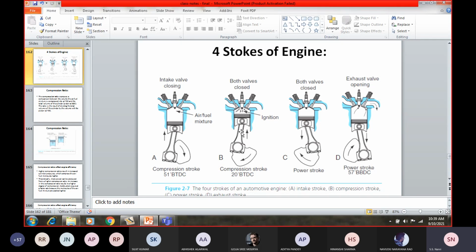So the piston which was going up, because fuel is there, the pressure inside is very high. So certain molecules, not all molecules, certain molecules, will be ignited even before the spark from the spark plug. And when they are ignited, what will happen?